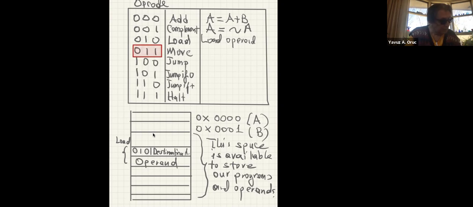So I'm going to write 011 in this space. And then I have two more things to specify. First of all, the destination address, as before.